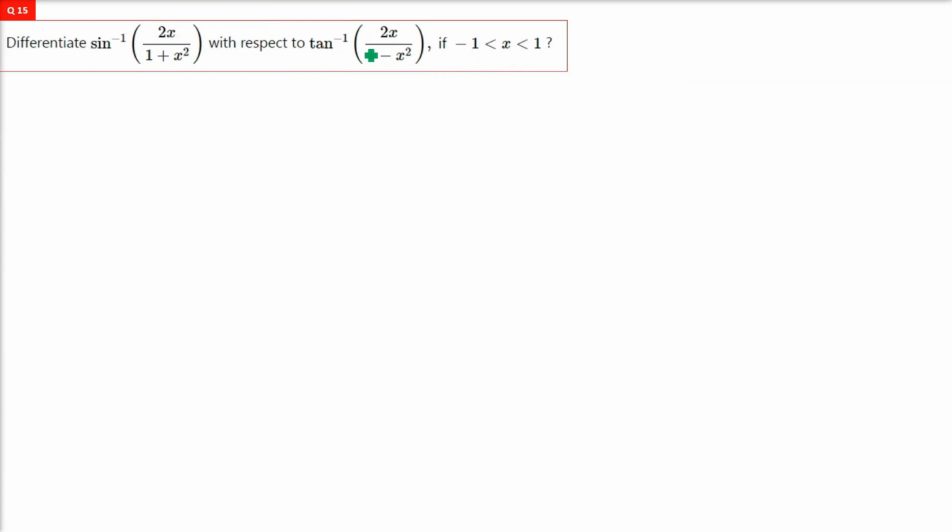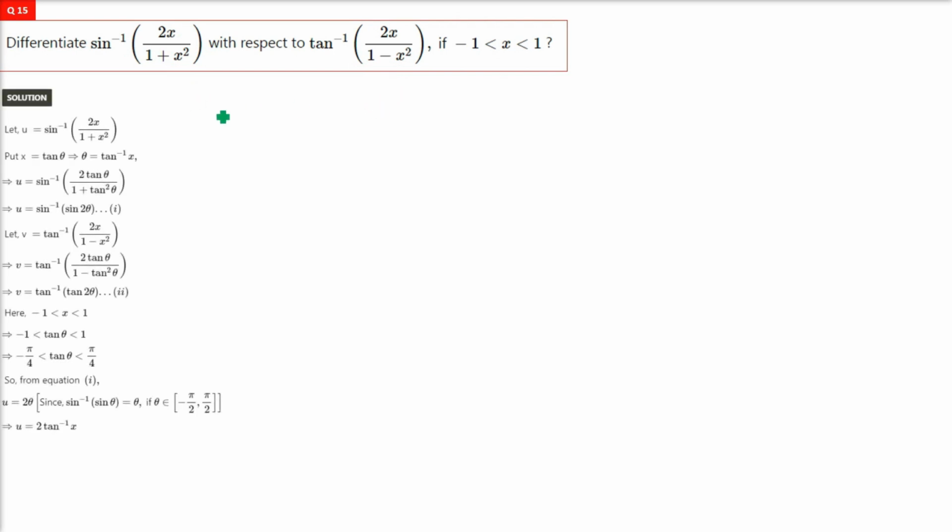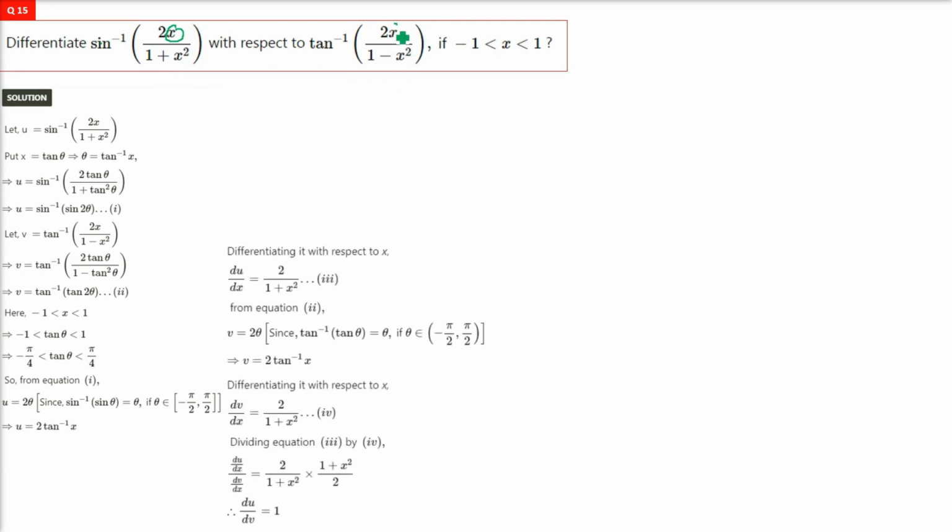Minus 1 and 1. So sin inverse 2x by 1 plus x square, tan inverse 2x by 1 minus x square. So this type of questions we have taken a lot in our discussions. X is tan theta. You can put theta as tan inverse x. Here also there is a range minus 1 to 1 given, and that will be inside minus pi by 2 and pi by 2.